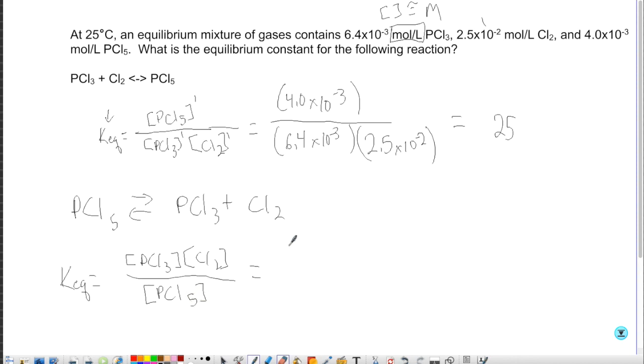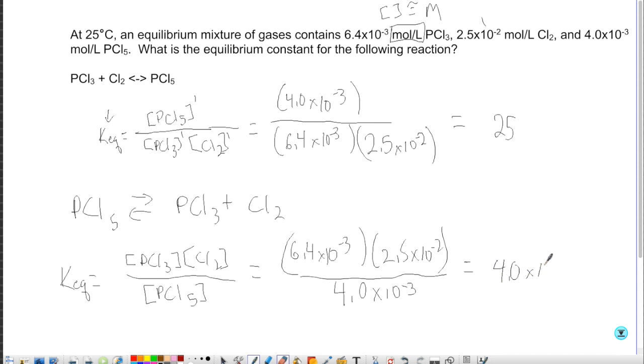Okay, so I can plug numbers in, 6.4 times 10 to the minus 3 times 2.5 times 10 to the minus 2 over 4.0 times 10 to the minus 3. And that gives me 4.0 times 10 to the minus 2.